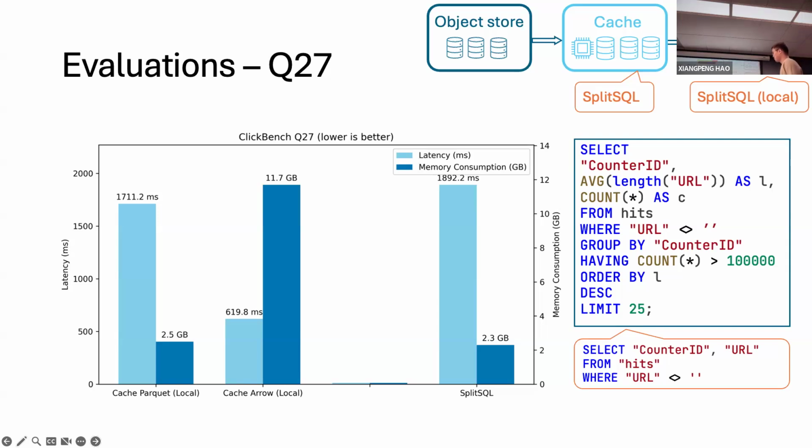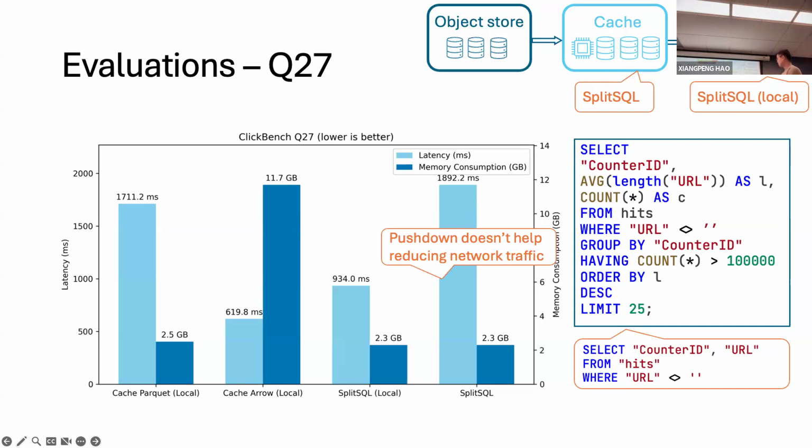So in this case, we still get a pretty good compression ratio, even slightly better than Parquet, but our performance is actually not too different from caching Parquet. This is because this filter is not selective, so predicate pushdown doesn't really work on the caching server. You have to send a lot of data over the network to a compute node.